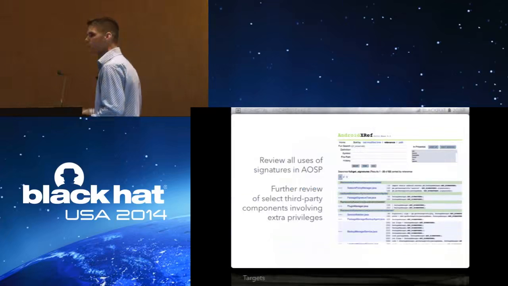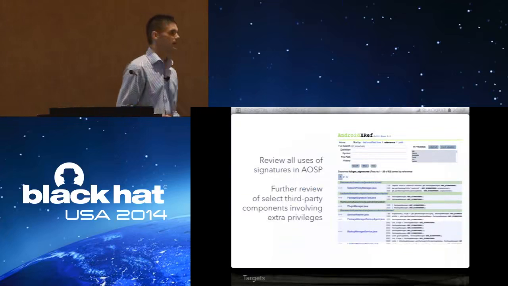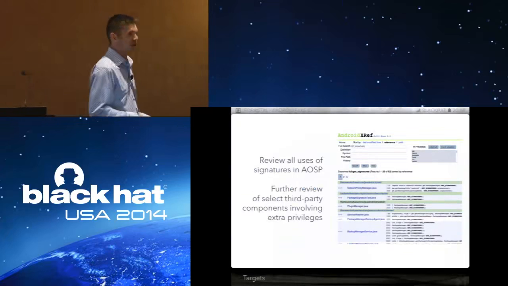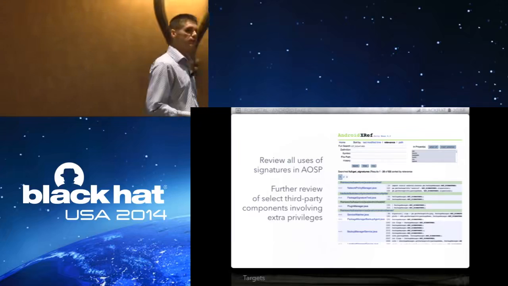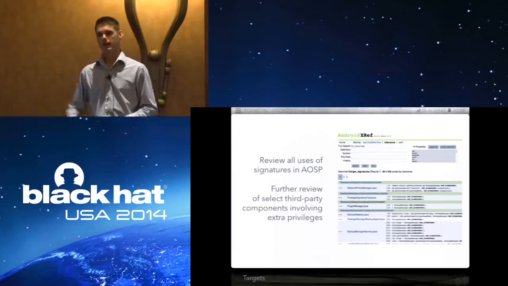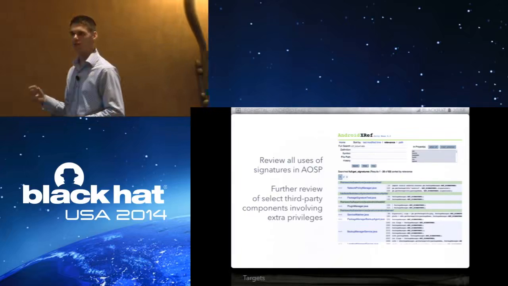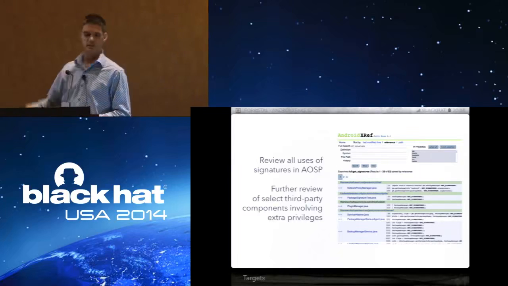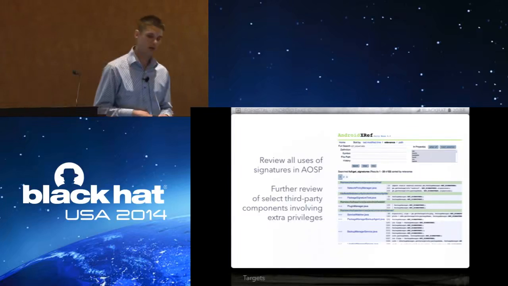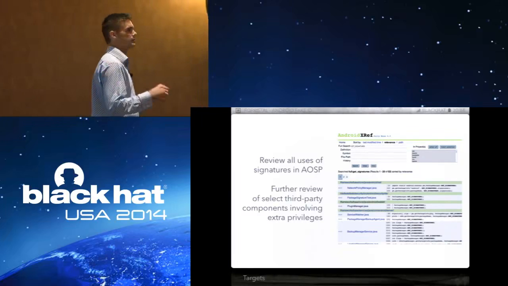So what we wound up doing is going through the entire AOSP code base, basically doing a find grep for every piece of code that does anything with an application signature, and then reviewed every single one. So it's kind of like a manual source code review for every use of signature on Android. And due to other endeavors that we have, we also looked at a lot of third-party components that involve extra privileges tied to certificates.